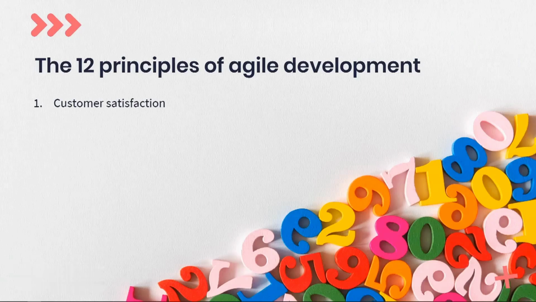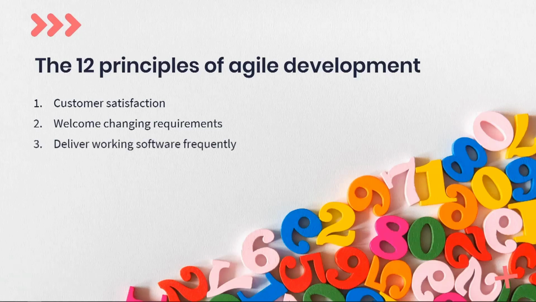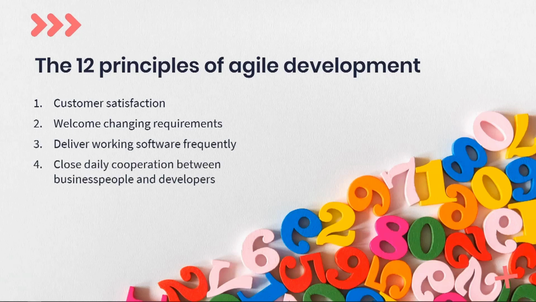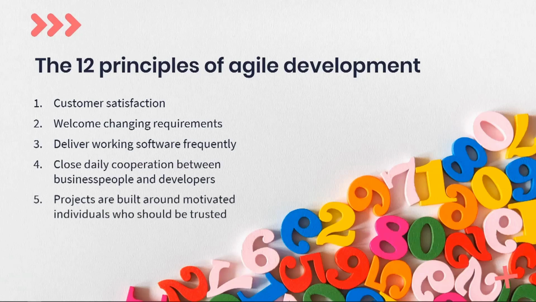delivery of valuable software. Welcome changing requirements, even in late development. Deliver working software frequently, weeks rather than months. Close daily cooperation between business people and developers. Projects are built around motivated individuals who should be trusted.